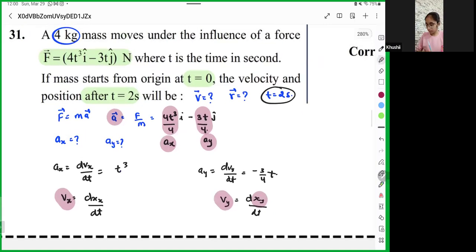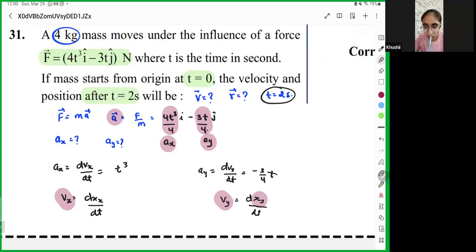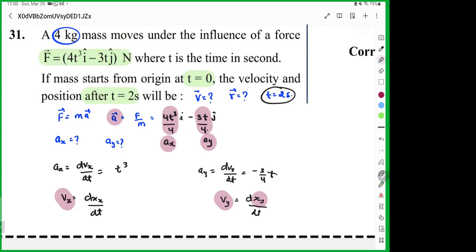Option 2 or option 4? Option 2. Yes, option 2 is correct. Correct, guys.